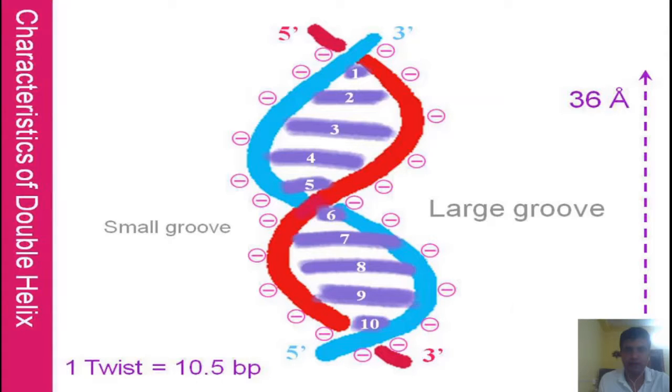So here you will find the anti-parallel nature of the DNA: one strand is in the 5' to 3' direction, whereas the other strand is in the 3' to 5' direction. Now the DNA contains negative charge because of the phosphate molecules.